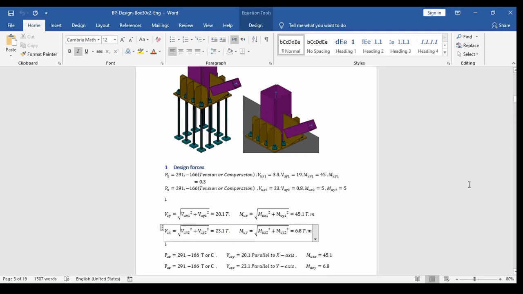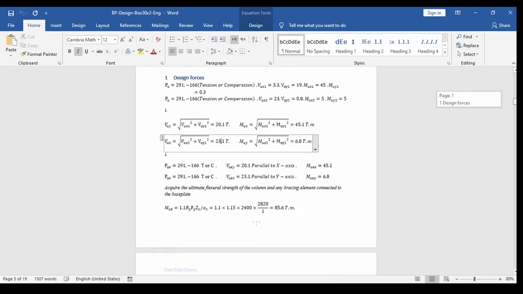Well, in the next part, we calculate the flexural strength of the column and diagonal brace. As you see, the flexural strength of the column is much bigger than the analysis of the structure with overstrength seismic load.